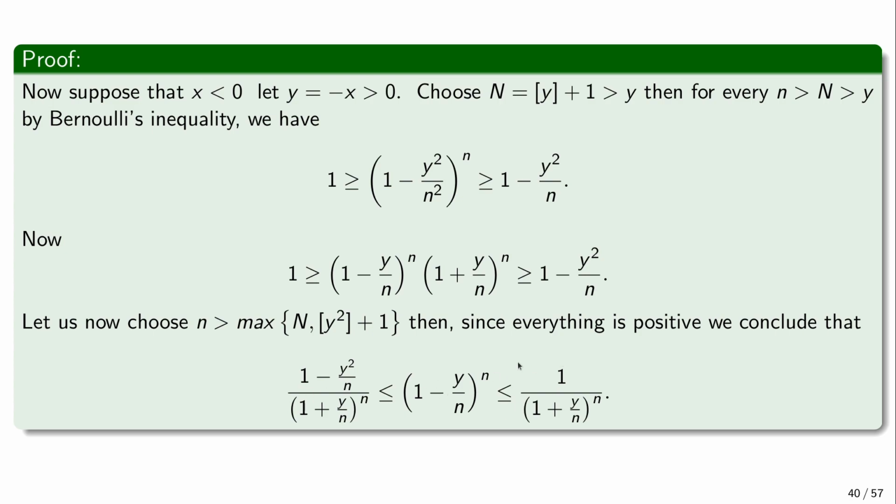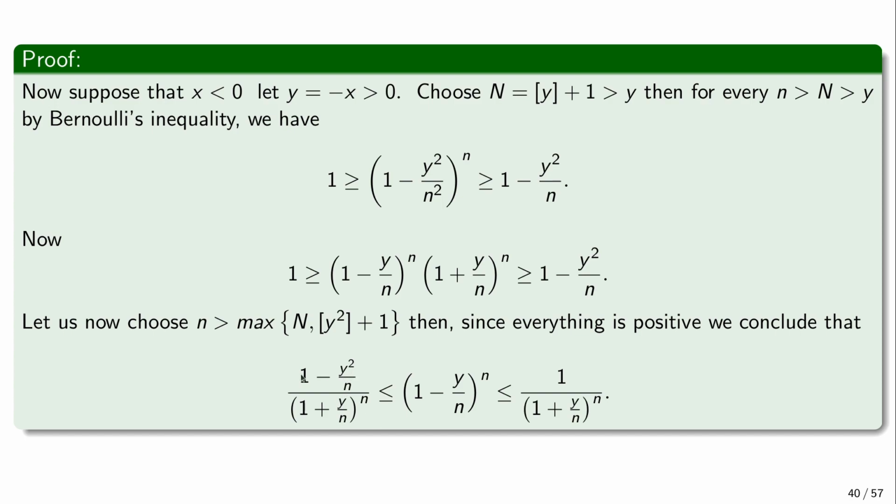Okay. Now, basically for 1 plus y over n to the power of n, remember that we chose y to be minus x, and we consider the case where x is negative. Therefore, y is positive. So as we take the limit of n going to infinity, by the previously proved result, this is going to be e to the power of y. So this limit down here is going to exist. Similarly, this limit over here, and then y squared is constant.